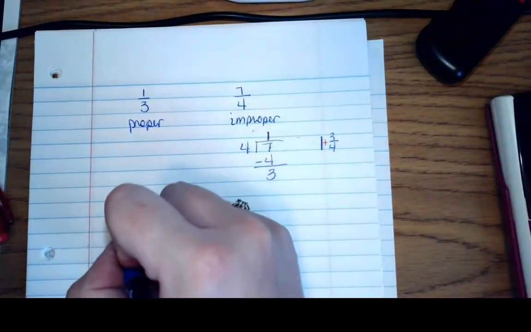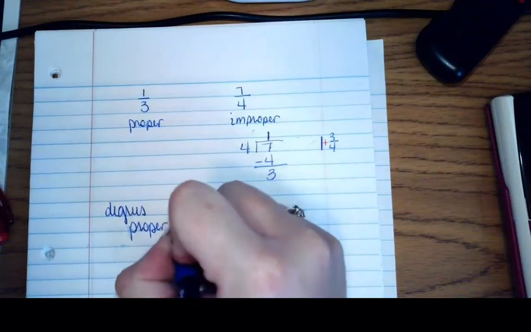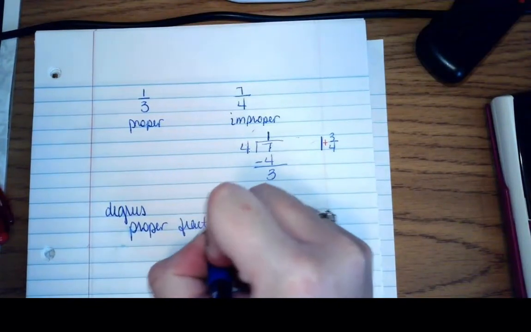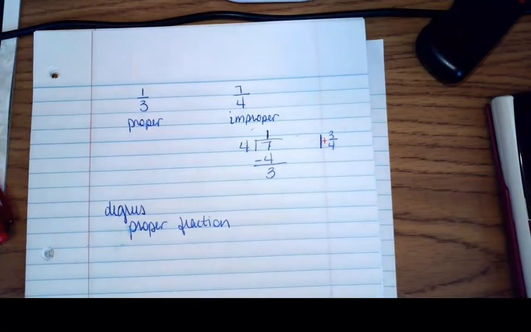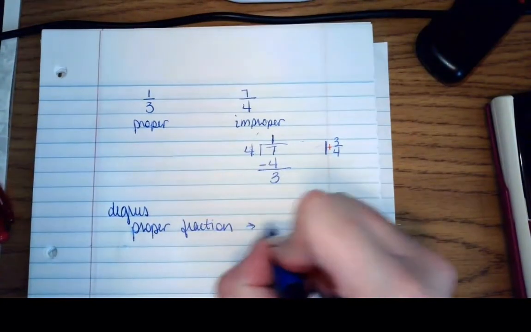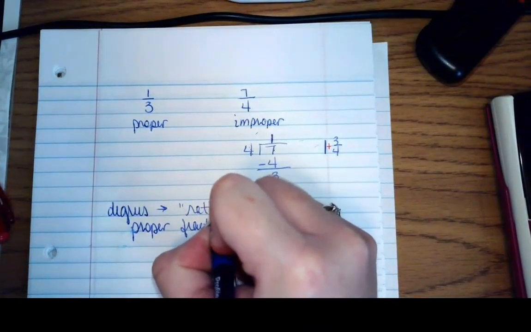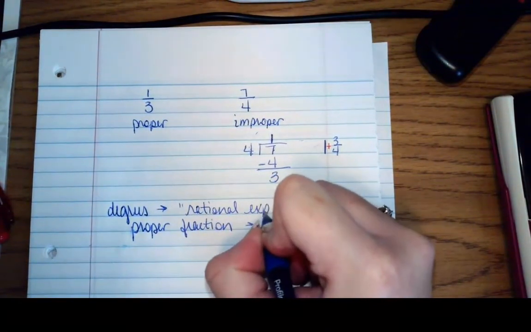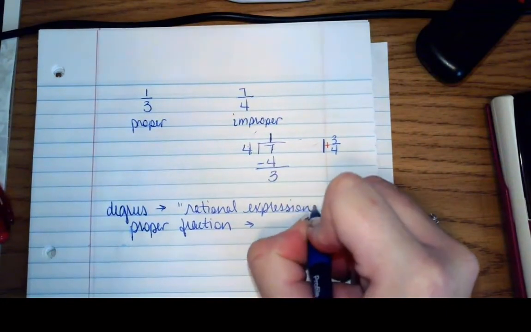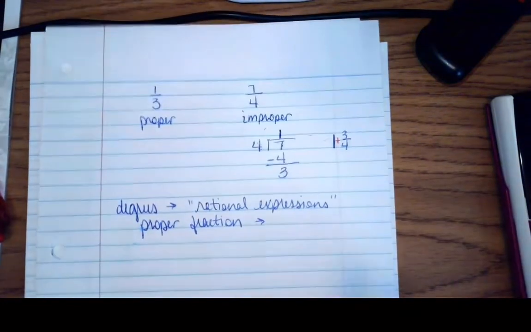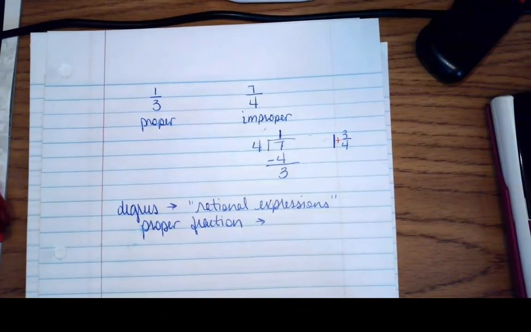So if I want a proper fraction in algebra, which we would call a rational expression, all of these are rational expressions in algebra. What I'm going to do is compare the degrees.